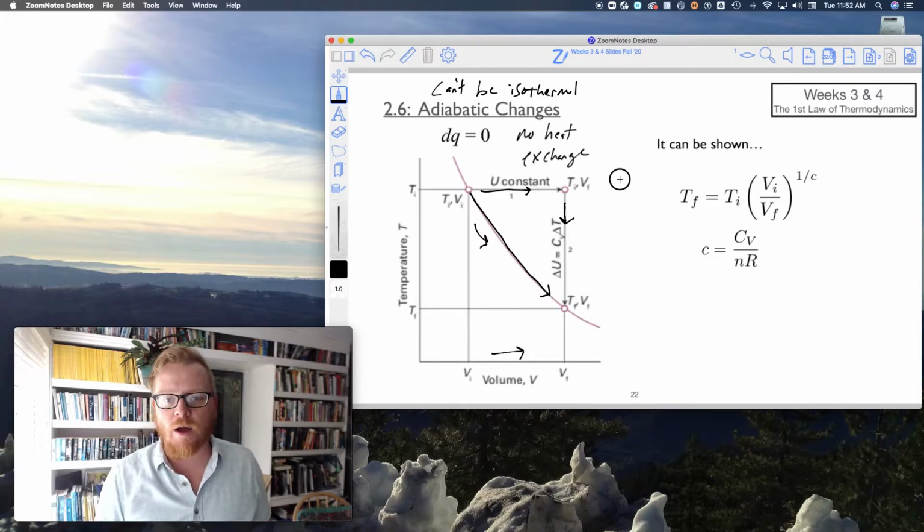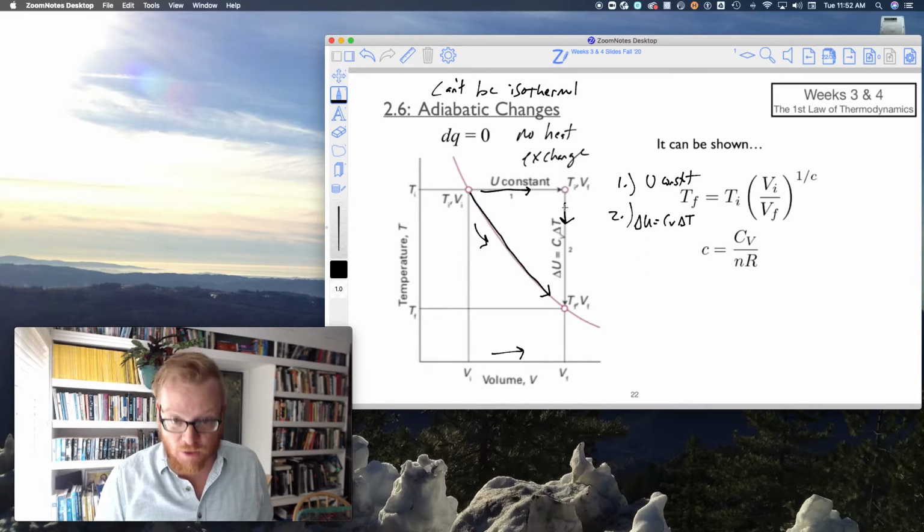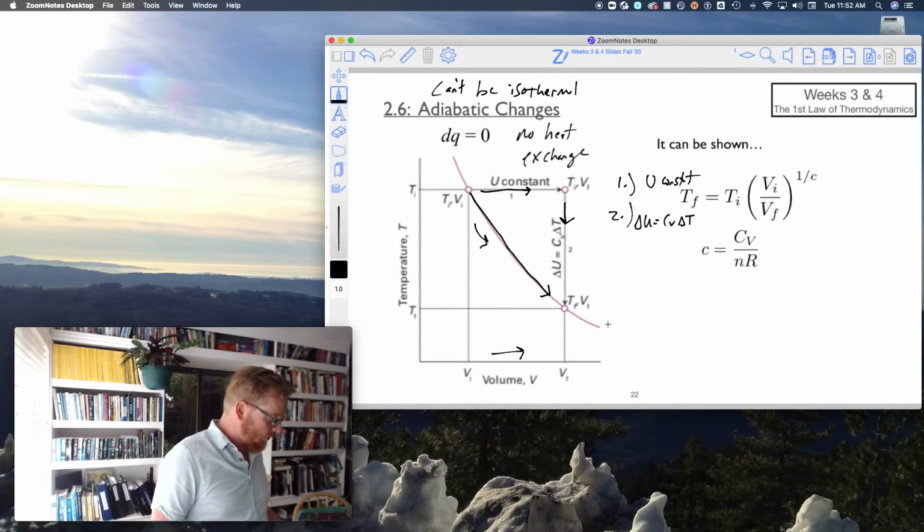So number 1, U is constant along the first path. And number 2, delta U equals CV delta T, because along this line right here, that's a constant volume line. So we can call up this equation for constant volume. Okay? So how does this all work out?